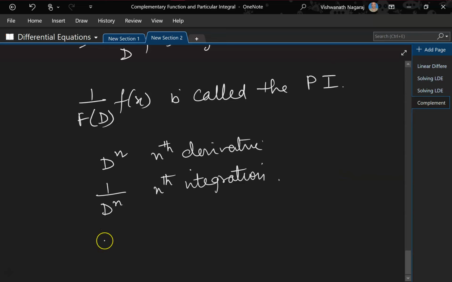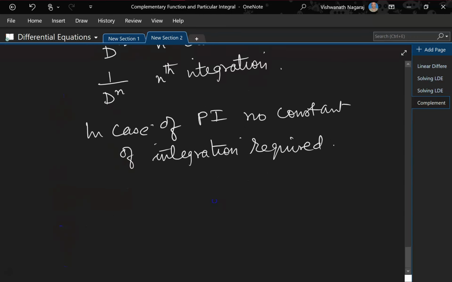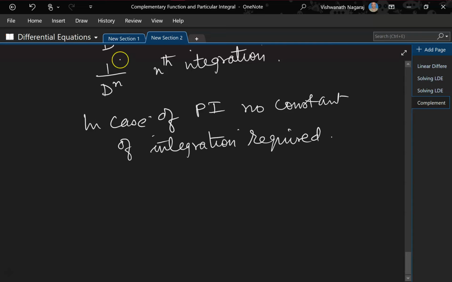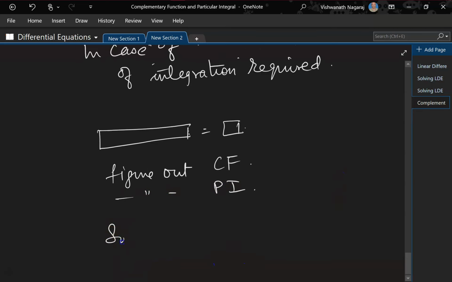And in the case of the particular integral, no constant of integration is required. Remember, the key thing is that if you have a function equal to not 0 but something else, then you have to figure out the complementary function, figure out the particular integral, and the solution would be CF plus PI.